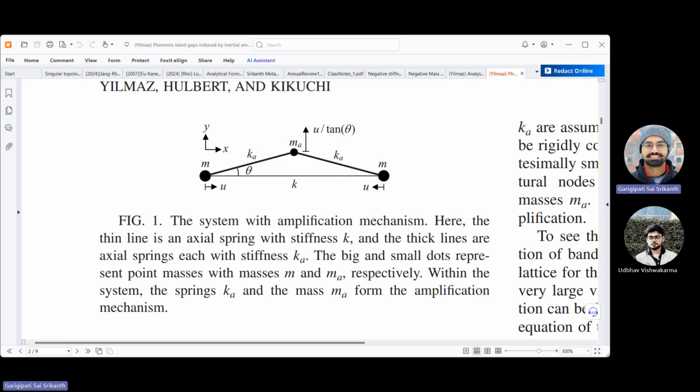Yeah, so welcome back from the break. This is the inertial amplification model that is considered, and we see the similarities with the lateral local resonator.